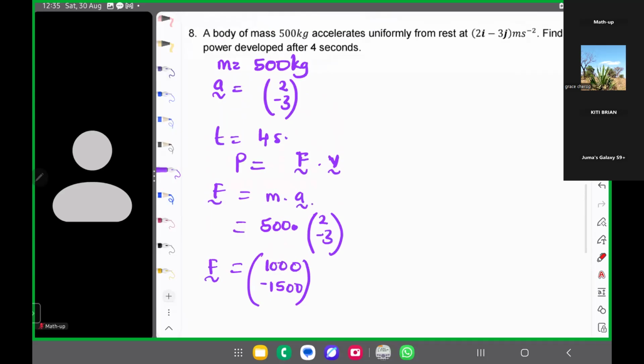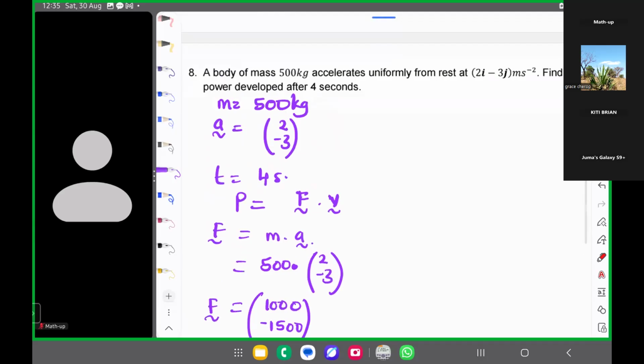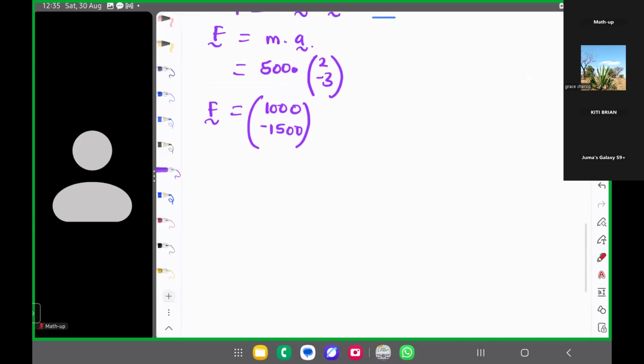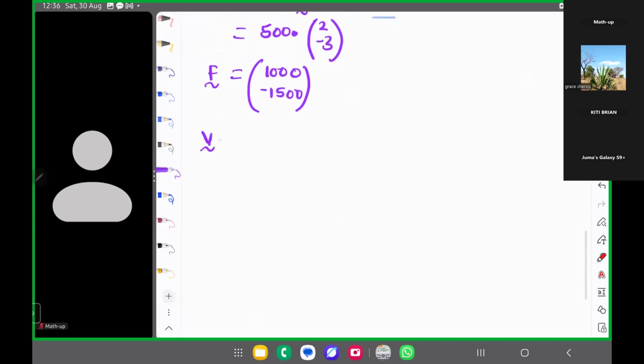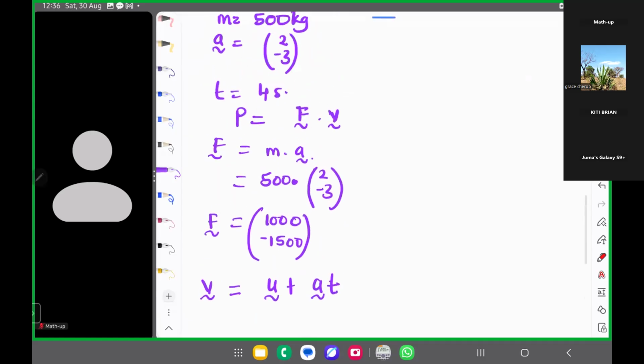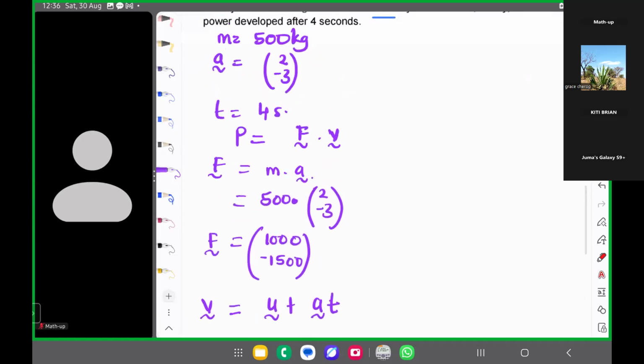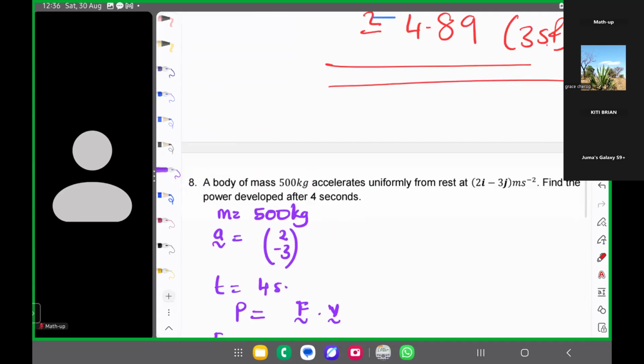Then our velocity, since this is uniform acceleration, we can use our equations. For velocity, it can be got from v being equal to the initial velocity plus acceleration times time. So we are looking for the velocity that the body had after 4 seconds. In the question, they told us that it accelerated uniformly from rest, which means that our initial velocity was 0.